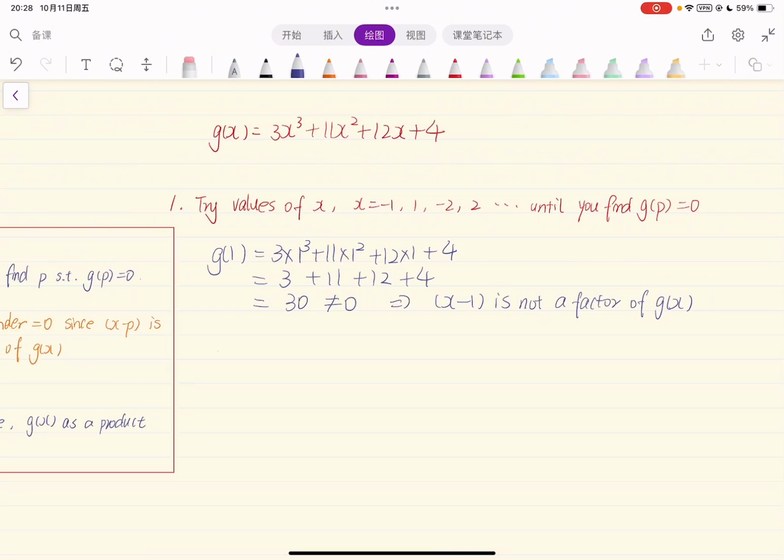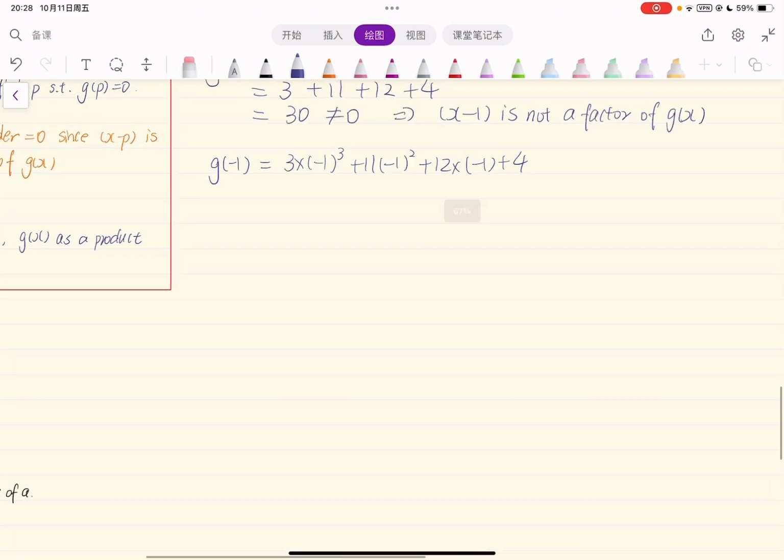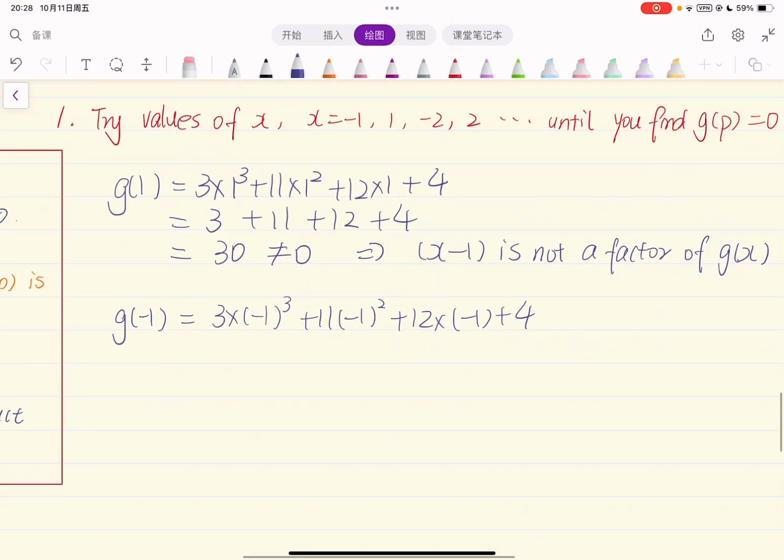Now let us try another one, maybe g(minus 1). That equals 3 times minus 1 cubed plus 11 times minus 1 squared plus 12 times minus 1 plus 4, which is minus 3 plus 11 minus 12 plus 4.